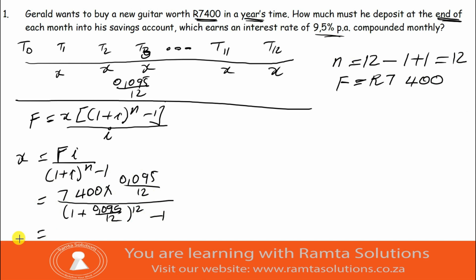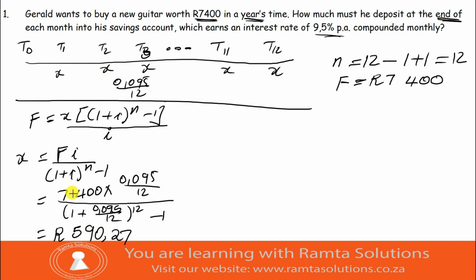It is 7,400 multiplied by 0.095 over 12, all over, open bracket, 1 plus 0.095 over 12, close, to the power 12 minus 1. Our answer is 590 rands and 27 cents. So Gerald should be saving 590 rands and 27 cents.